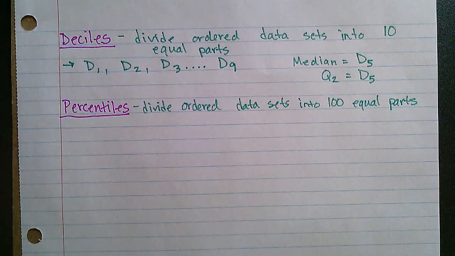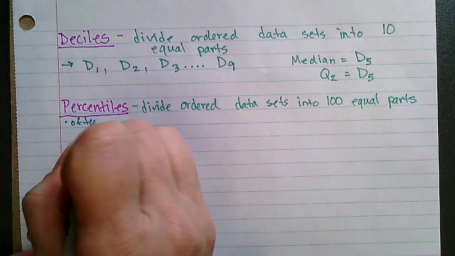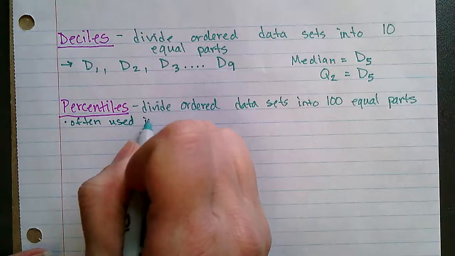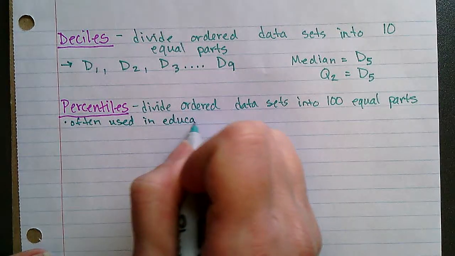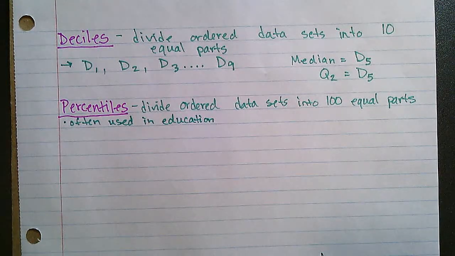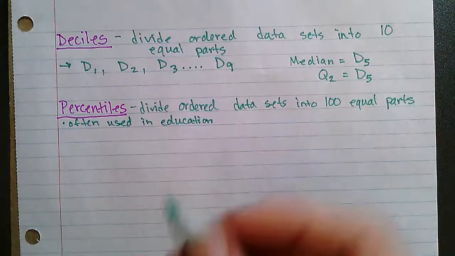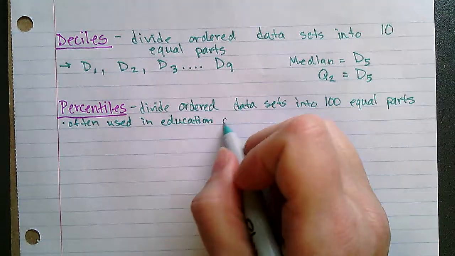And what that means is that 92% of the data values, or 92% of the people who took that test, scored lower than you did. If you know anyone who has a baby, when they go to the doctor's office, they'll say, oh, my baby's in the 75th percentile for height and the 84th percentile for weight. So we use that often in education and in health-related fields.